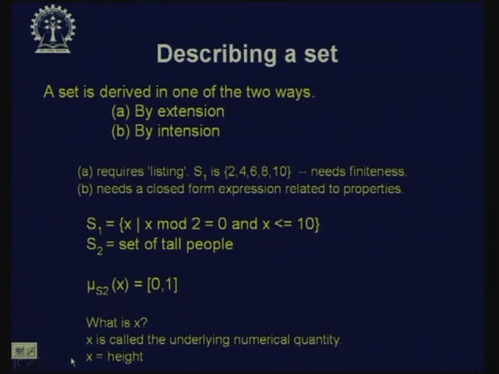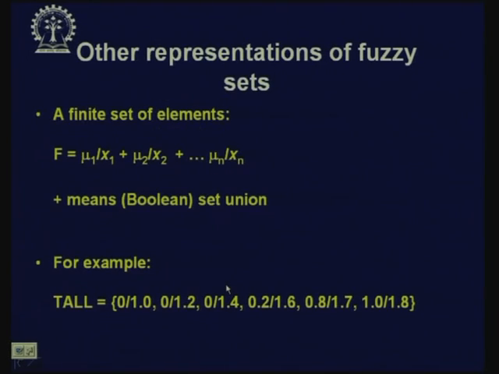Now, this is also the case in case of fuzzy sets. So, we can define S2 to be a set of tall people, and we can put in a membership to this. Now, in the case of fuzzy set, we can define it in this form, say tall, look at this, 1.0, its membership in tall is 0, 1.2 its membership is 0, 1.4 its membership is 0, in that way I am going on.